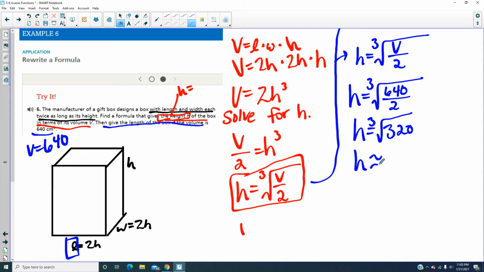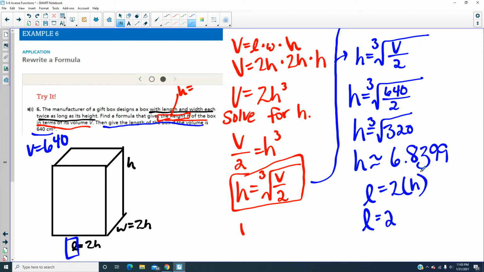So h is approximately, if I take the cubed root of 320, I get approximately 6.8399. But I'm asked for length, and I know that the length equals 2 times h. So length will be 2 times whatever I found for h.